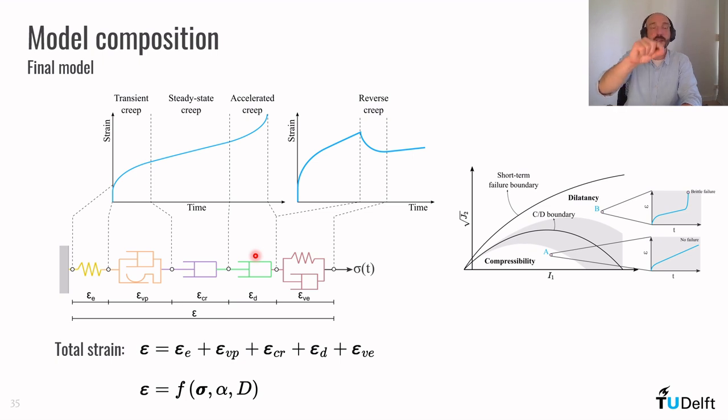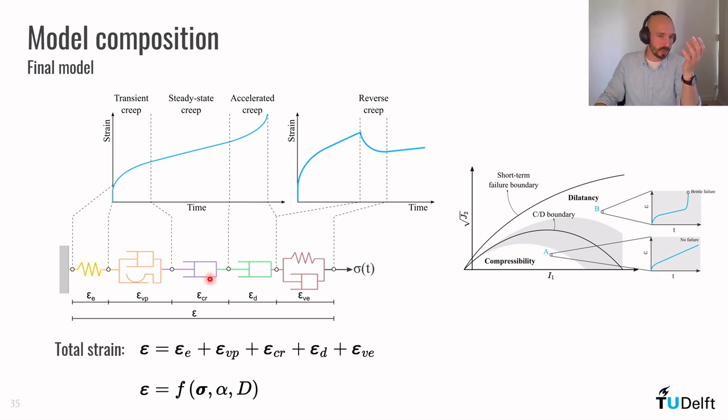So the effective stress would be equal to the stress divided by 1 minus d. And as d increases, approaches 1, the effective stress increases exponentially. And that is another way to include tertiary creep instead of including an isolated dashpot as I have done here.